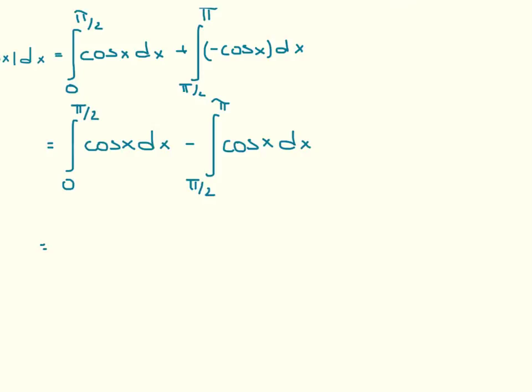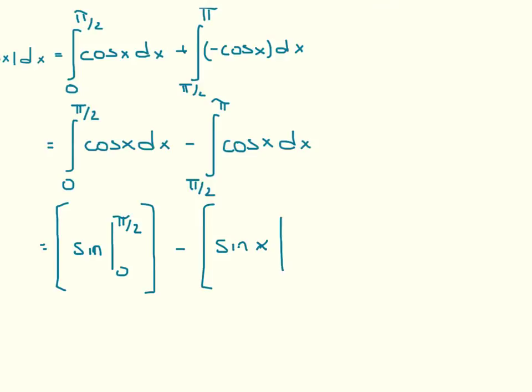Okay, now, moving on. For the first integral, we're going to take the antiderivative of cosine of x, which is sine, and we're going to evaluate that from 0 to pi over 2. Then we're going to subtract from that the integral from pi over 2 to pi. Obviously we get the same antiderivative, sine of x, from pi over 2 to pi.